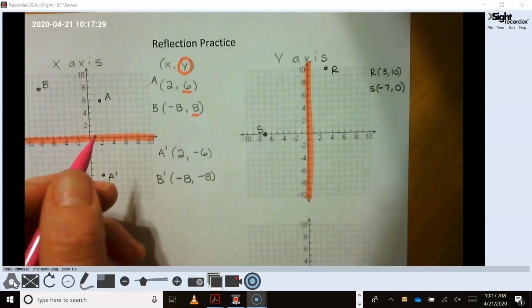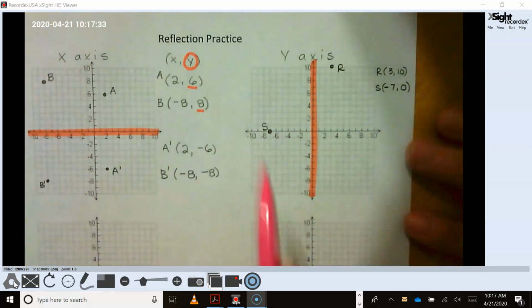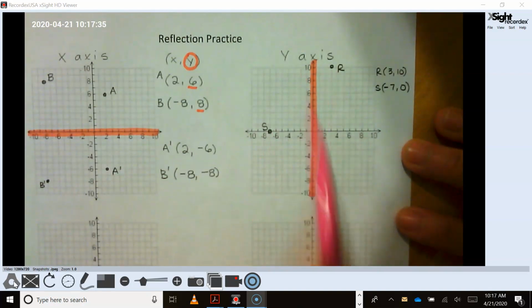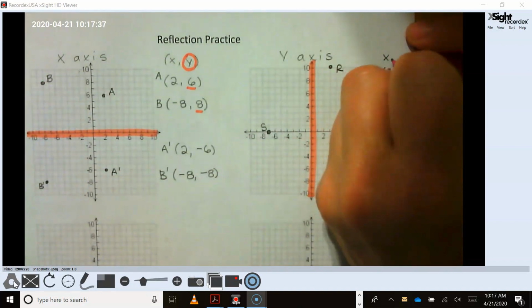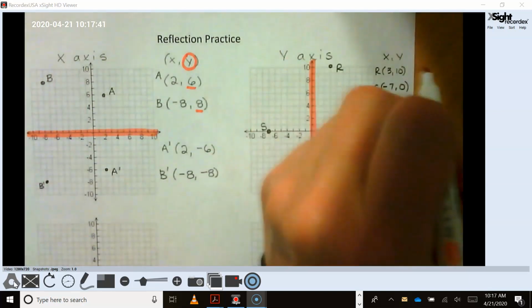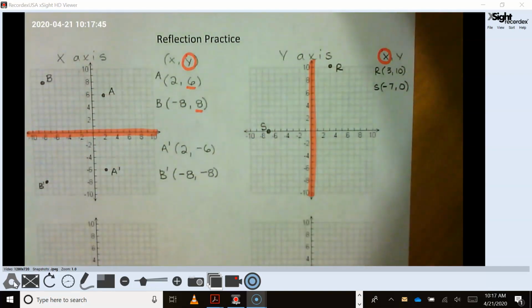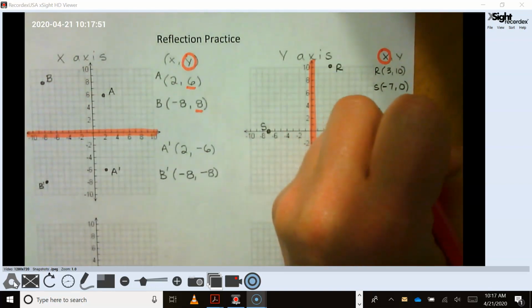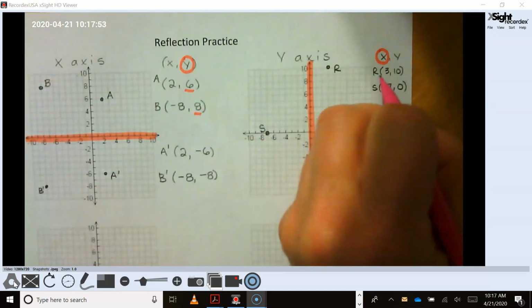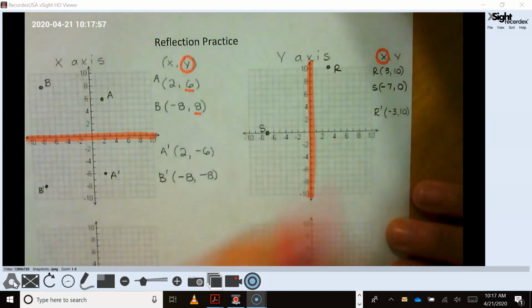So you can see here we have 2 points, and we want to make them jump over the y-axis line. The rule for reflecting over the y-axis is that you take the opposite of the x-coordinate. We're going to keep the y-coordinate the same. So R prime is going to live at -3, +10.